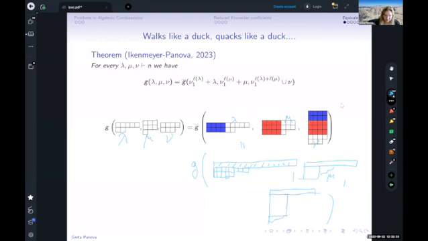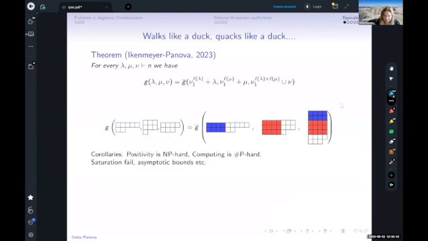In particular, this identity explains everything else I told you before. First of all, it tells us immediately that deciding positivity of the reduced Kronecker is also going to be NP-hard, because the Kroneckers are NP-hard. Computing them is also going to be #P-hard. This also explains why the saturation fails, the asymptotic bounds, and so on and so forth.